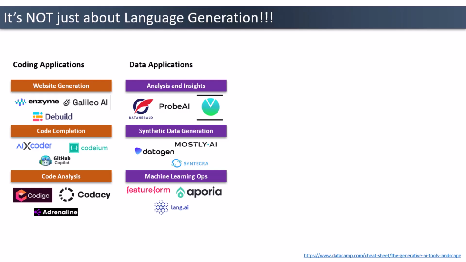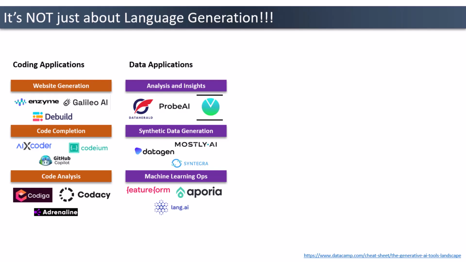Data applications are now a growing field in generative AI, so you can have the AI watch your data and auto-magically tell you what's going on with the data. Again, look at the terms of service, make sure they're not keeping your data and using it for other purposes. You wouldn't want that to happen, but they can give you insights, as long as everything's on the up and up.